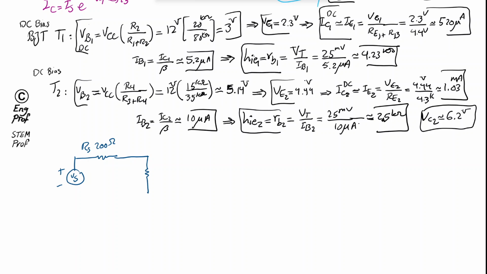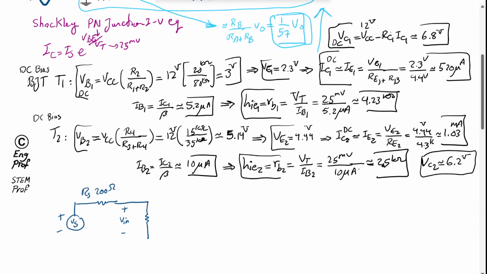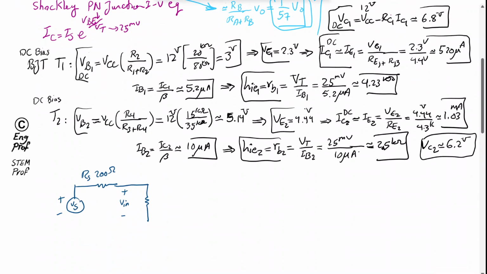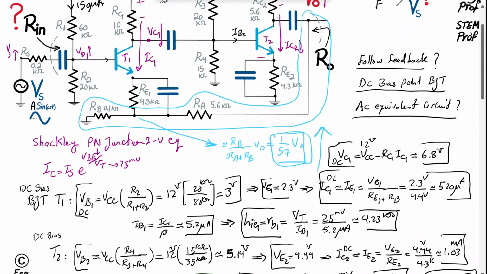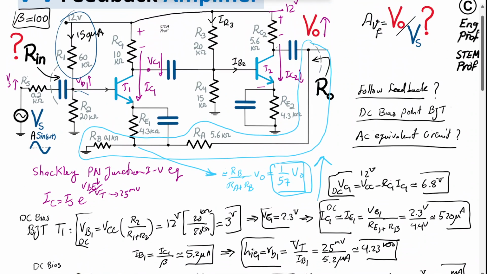So we have, let's say, plus minus Vn. Before that, maybe at this stage, I show you first the AC model of the circuit. So we have Vs, we have 200 ohm, and then we have 60K and 20K in parallel grounded, because 12 volt is AC ground.